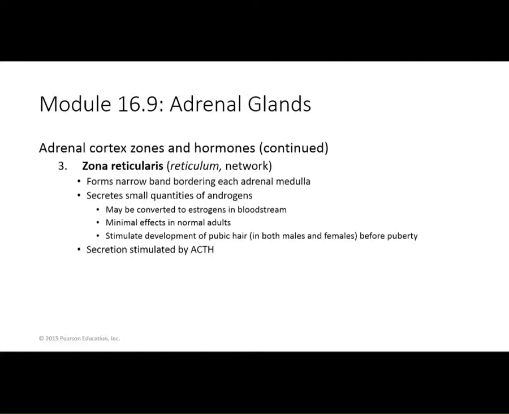Obviously, guys make most of their testosterone from the testes, but there's also some androgen and some testosterone made here. That testosterone is then converted to estrogen. So guess what? Guys also make estrogen, right? Not from our ovaries. We don't have those. But from the testosterone that is converted to estrogens within the cortex. All the sexes have all of the hormones, just in different amounts. Again, this is also going to be stimulated by ACTH.